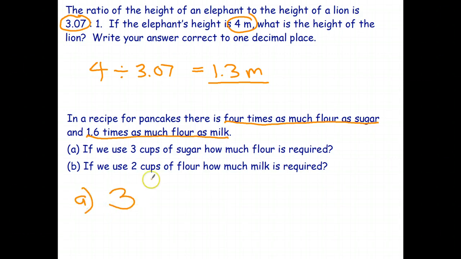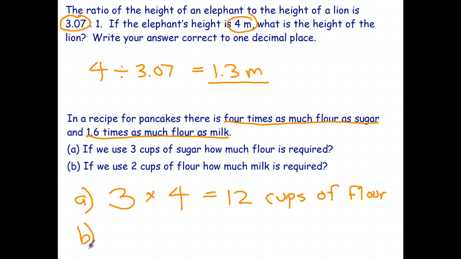Well, there's the 3. We're talking about sugar and flour. So there's 4 times as much flour as sugar. Now, do I multiply or divide? Well, there's 4 times as much. I need a bigger number, and therefore I need 12 cups of flour.